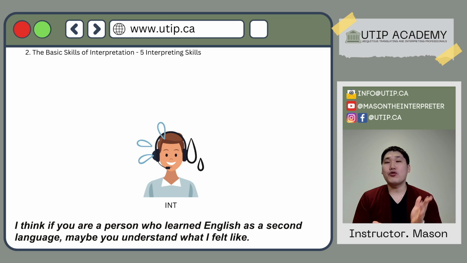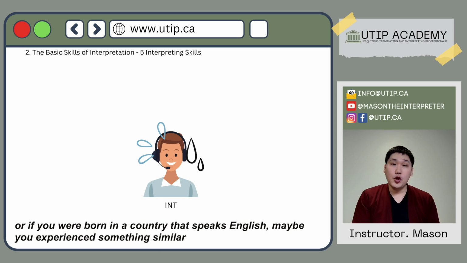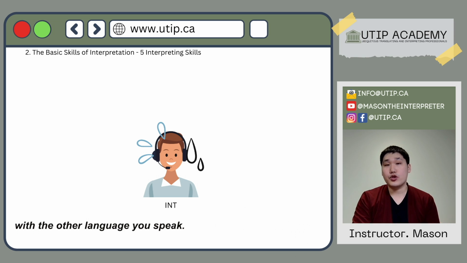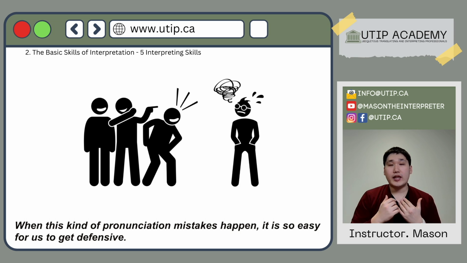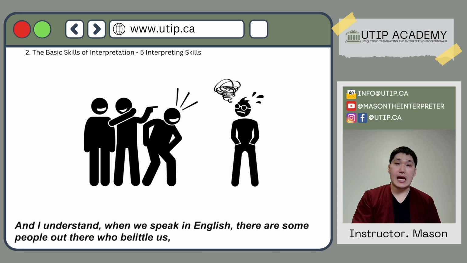I think if you are a person who learned English as a second language, maybe you understand what it felt like. Or if you were born in a country that speaks English, maybe you experienced something similar with the other language you speak. When this kind of pronunciation mistakes happen, it is so easy for us to get defensive. And I understand.